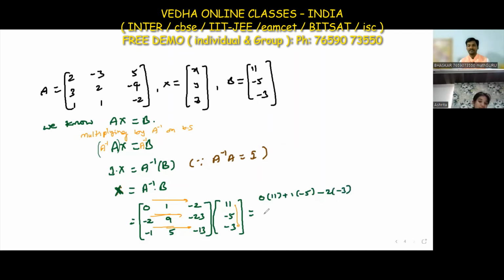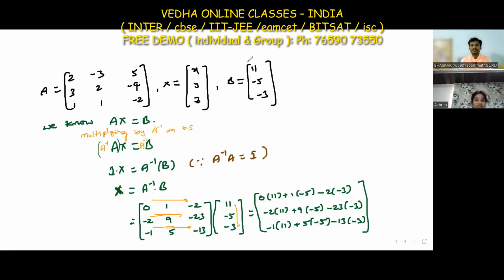Next element, minus 2 into 11 plus 9 into minus 5 minus 23 into minus 3. Next, minus 1 into 11 plus 5 into minus 5 minus 30 into minus 3. Now 0 into 11, how much do we get? 0, sir.